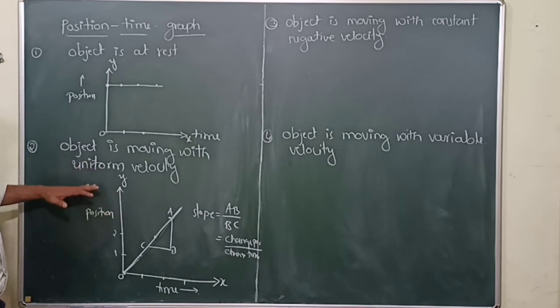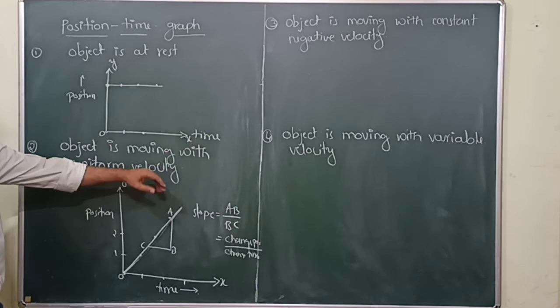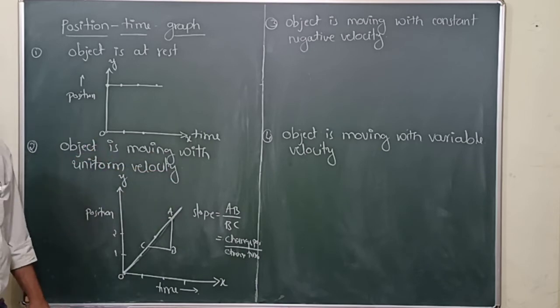This is the position time graph for an object moving with a uniform velocity.